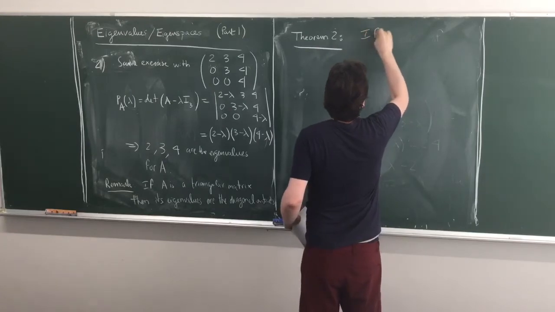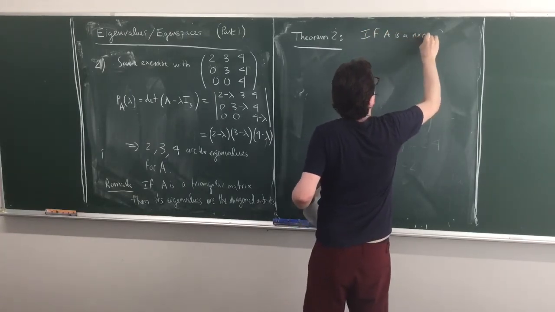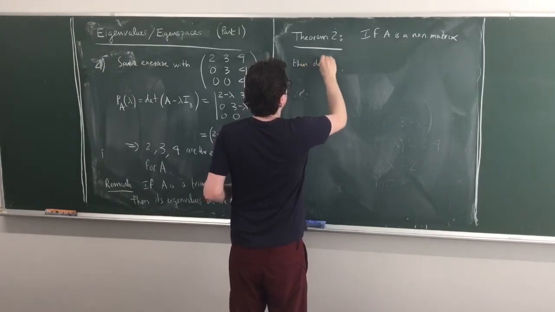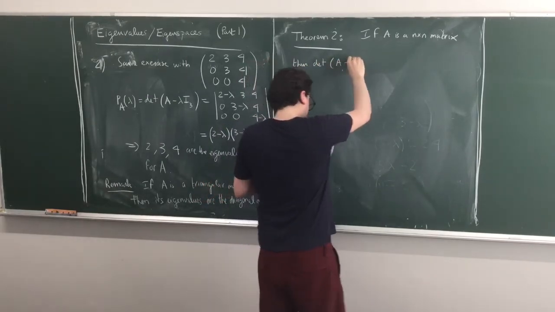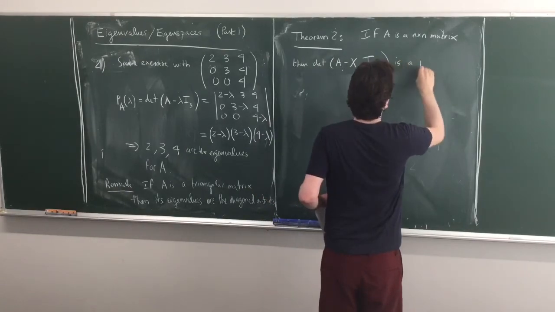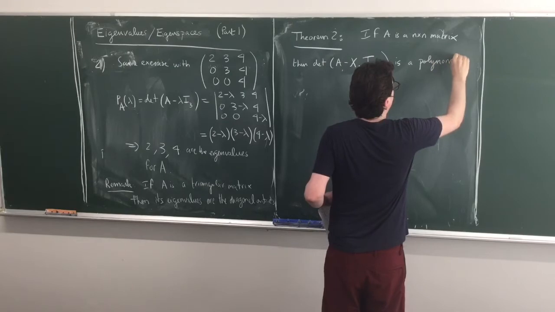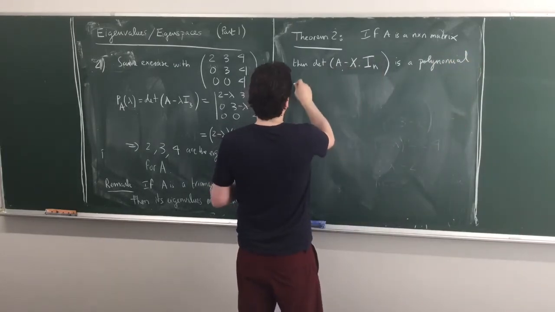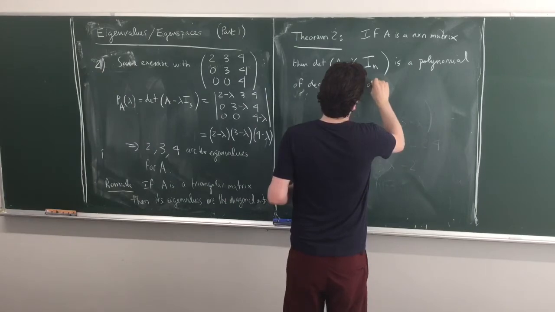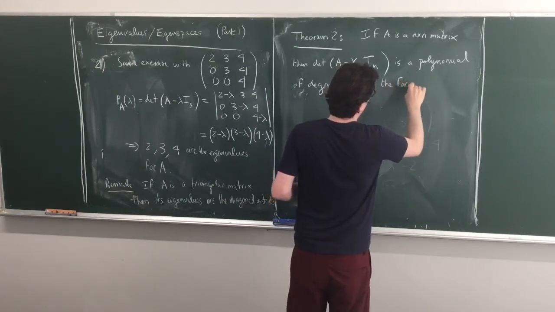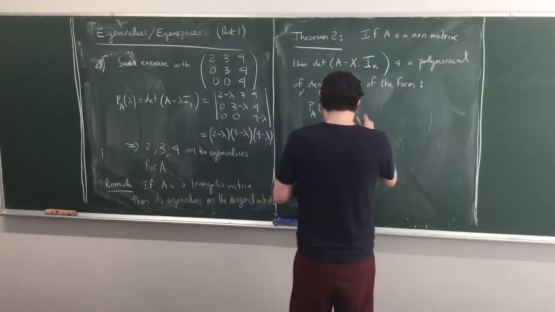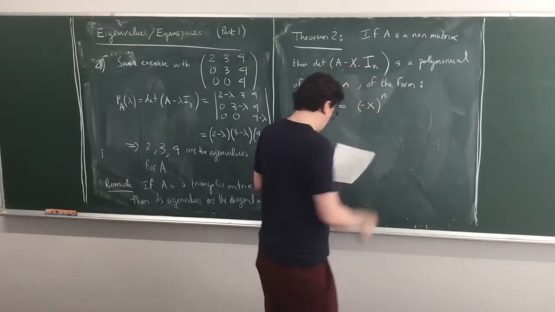So if A is an n times n matrix, then the determinant of A minus X times identity of order n is a polynomial of degree n, and of the form P_A(X) equals, it will always start with minus X to the power n.